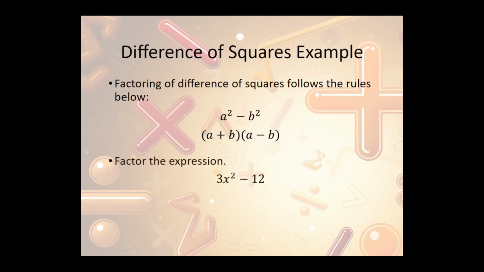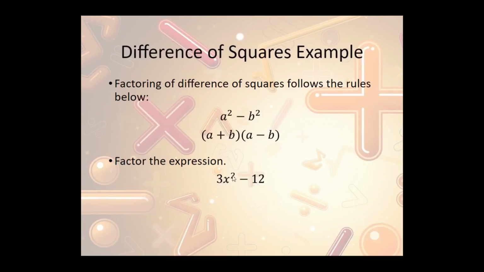Another example, 3x squared minus 12. Well, we can see that 3 is not a perfect square, and 12 is not a perfect square. However, we can see if we can use our method from yesterday as well. So we can see if we can factor out a common factor first. So is there anything in common between 3 and negative 12? Well, we can see that 3 is a factor of both 3 and negative 12. So let's go ahead and factor that out.